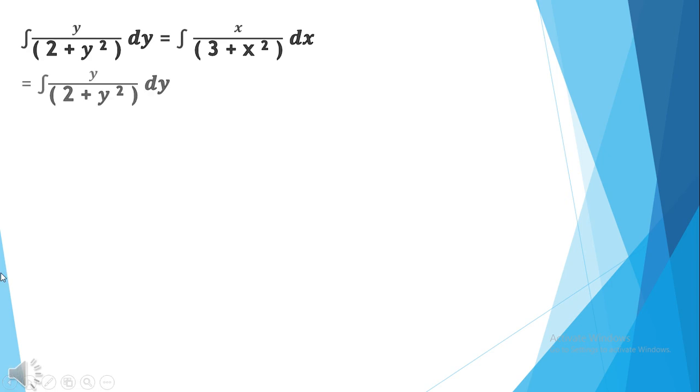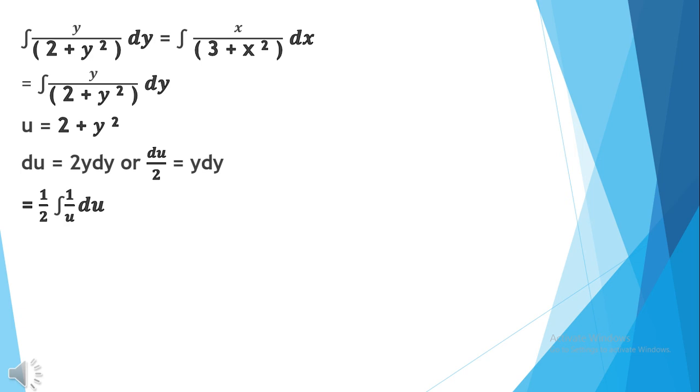In order for us to find the integration of this function, follow the integration rules. Let u equal 2 plus y squared, du equals 2y dy, or du over 2 equals y dy. Then, 1/2 times the integral of 1 over u du, and the integral of 1 over u is ln of u. So 1/2 ln of u plus c1.